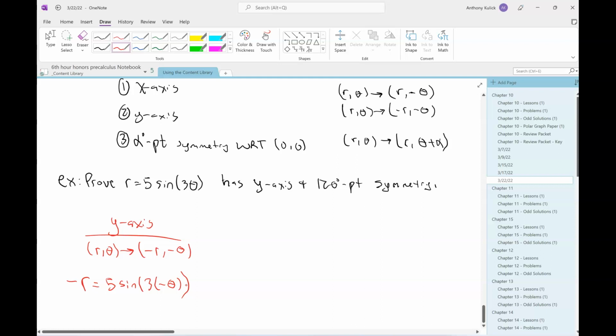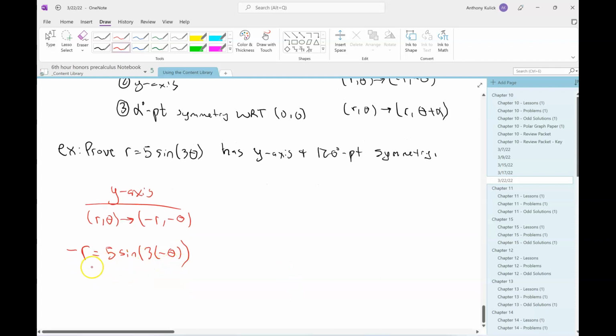Everybody's okay? The goal now is going to be to simplify this down so that I get the original equation back. So 3 times negative theta is just negative 3 theta. Everybody's cool with that? Just a little multiplication there.